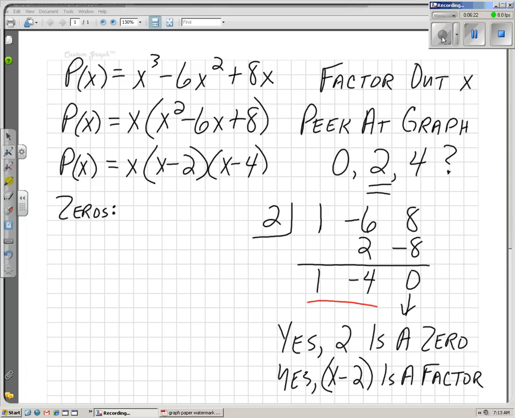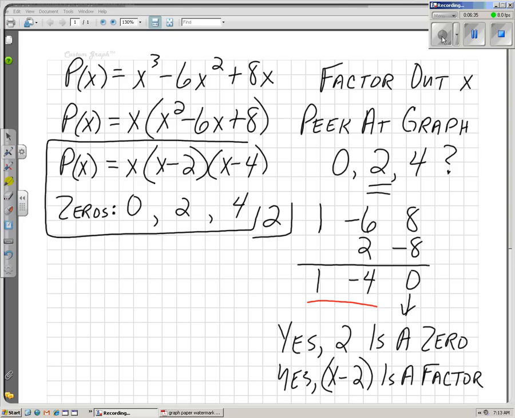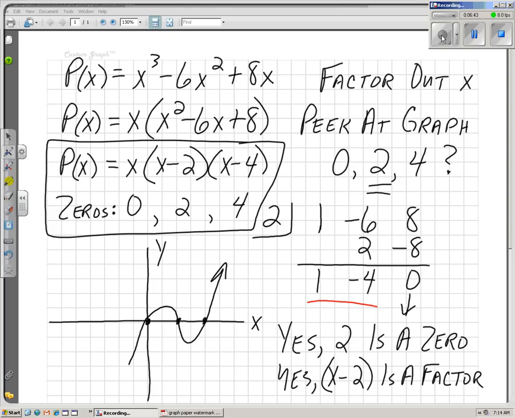So we've written the polynomial as a product of its factors, and now we just need the zeros. So 0, 2, and 4 are my zeros. So there's my answer. We wrote the polynomial as a product of its factors, and we listed the zeros. And we know it's an x cubed graph, so it's going to look something like that.